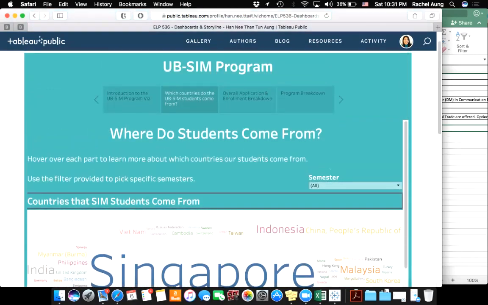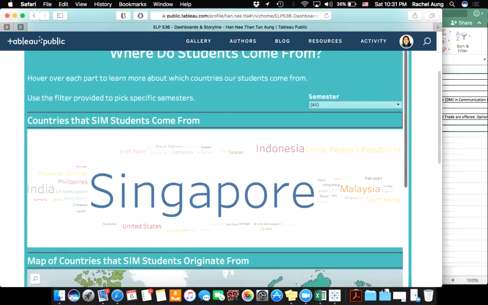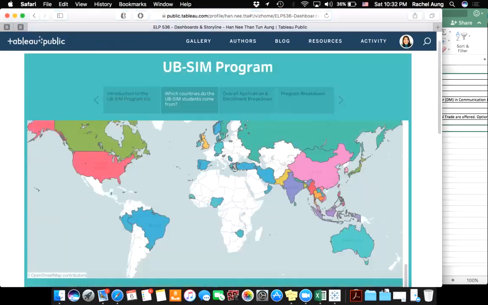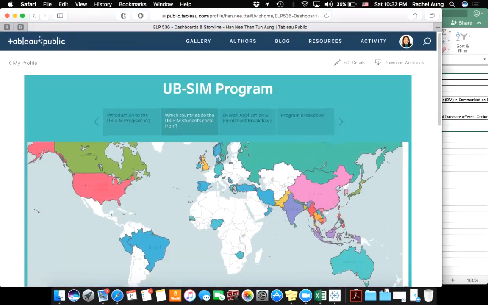So I wanted the staff in our office to be able to tell, these are the top countries that people are applying from. These are the top countries that students are from. And I was hoping that could help us when we market the program.